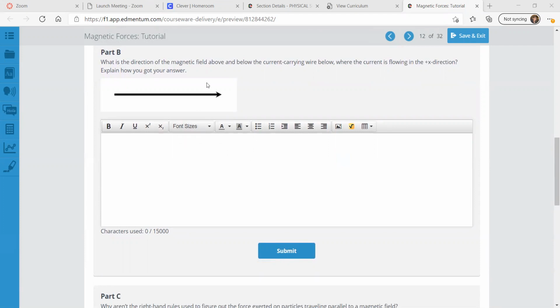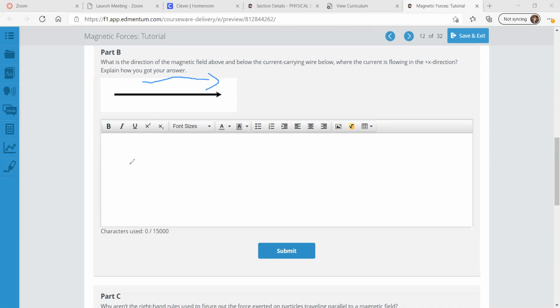Okay, so the arrow is pointing which way the current is moving. Now we're going to use the curl rule. Okay, let me get my annotation out. That's where you point your thumb in the direction of the current that way. And then whichever way your fingers are curling is the direction of the magnetic field.